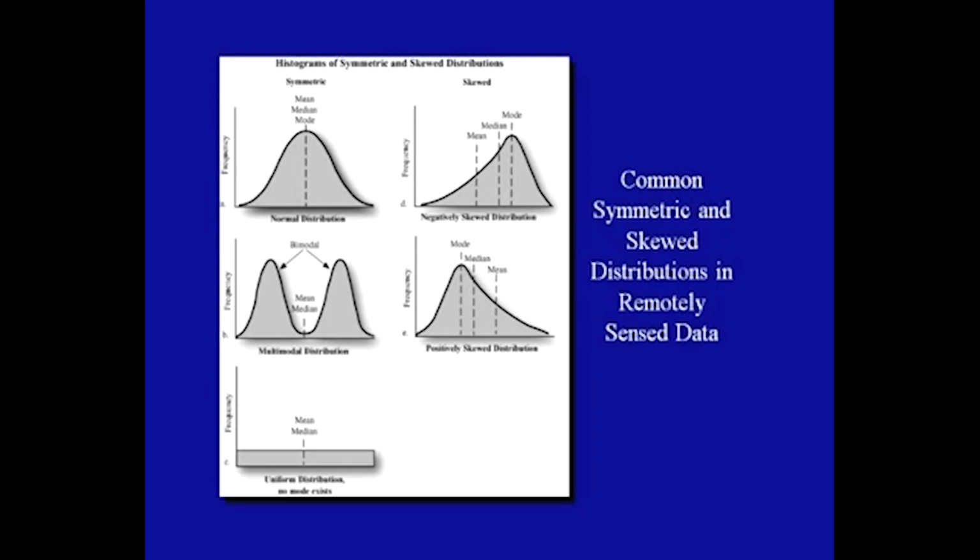If the skewness is towards the left, then we call this a negatively skewed distribution. If the skewness is towards the right, then we call this a positively skewed distribution. Many times there may be two peaks or two bell shapes, and this is what we call a multimodal distribution.